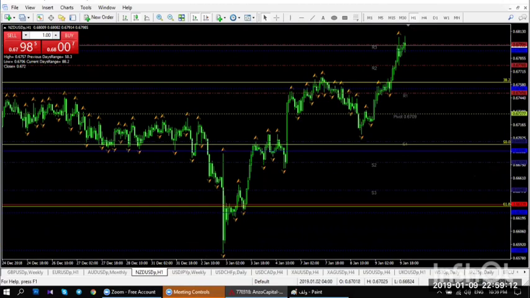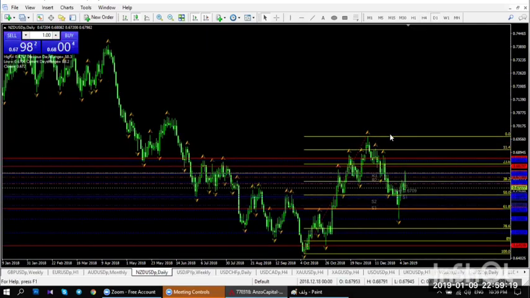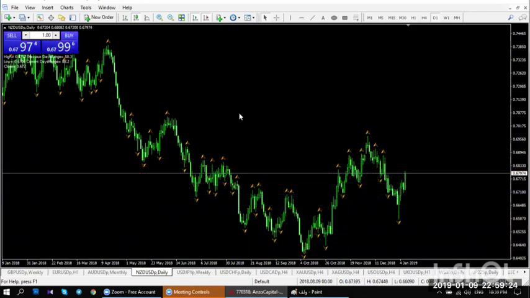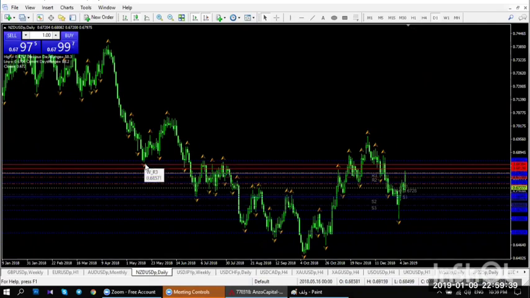Another example of pivots. You need to consider the swing lows and highs. For example, in this trend, on the NZD-USD chart, the pivots that we have: one of them is this, another one here, another one here.